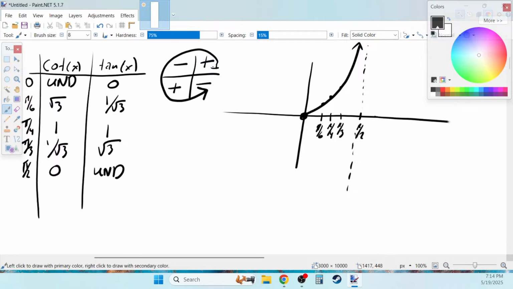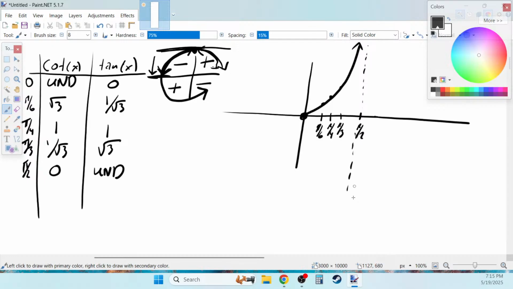If we continue, in the first quadrant, we get our special angle values. In the second quadrant, we're going to get the same y coordinates, but in reverse order as we shrink down from a y value here at 1 to a y value down here at 0.